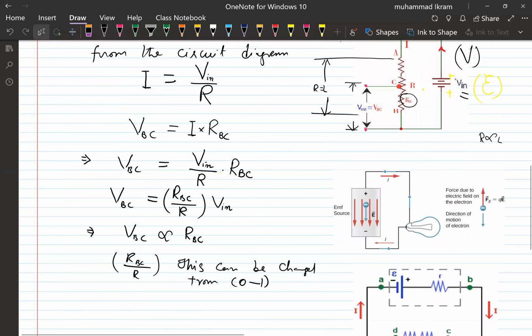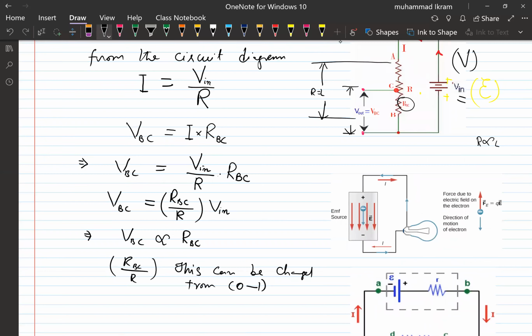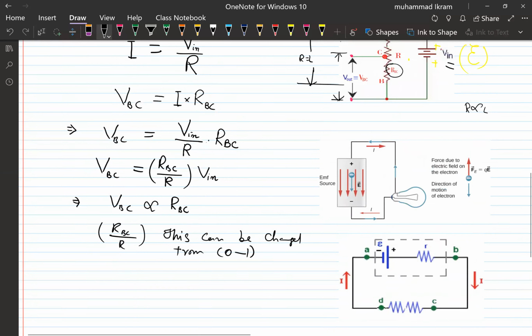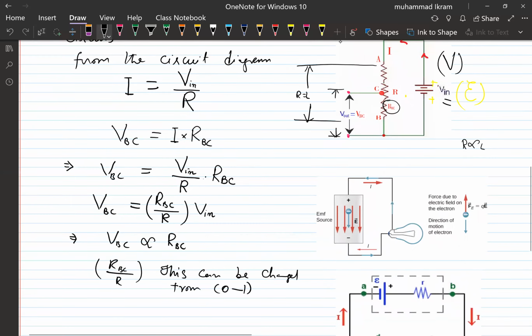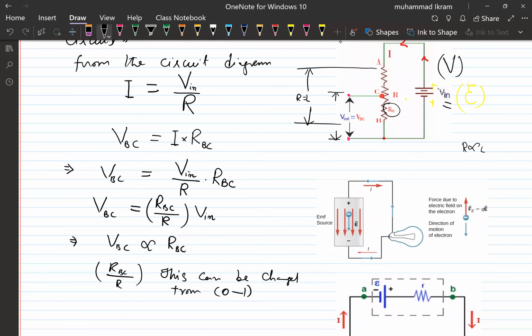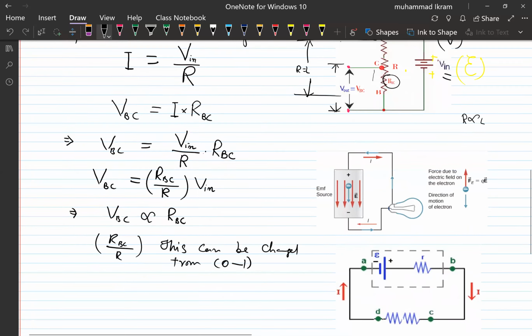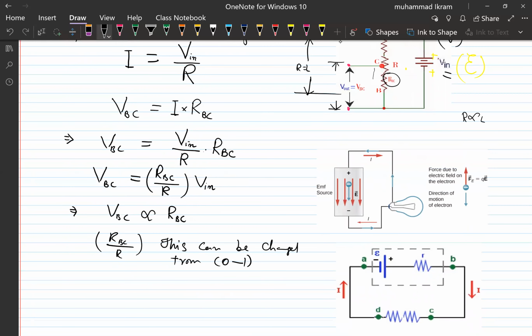How can this be done? When the sliding contact C is moved towards B, the length and hence RBC decreases, and when RBC decreases, VBC decreases.